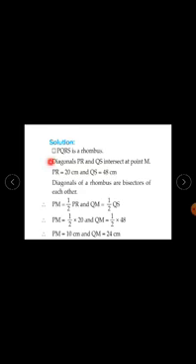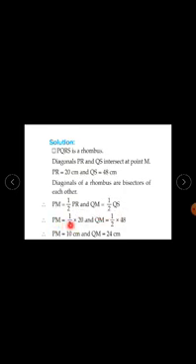So, solution. Quadrilateral PQRS is a rhombus. Diagonals PR and QS intersect at point M. PR equal to 20 cm and QS equal to 48 cm. Diagonals of a rhombus are bisectors of each other. So, PM is half of PR and QM is half of QS.